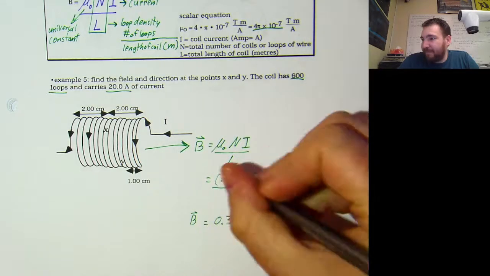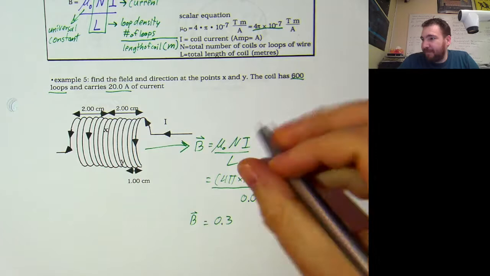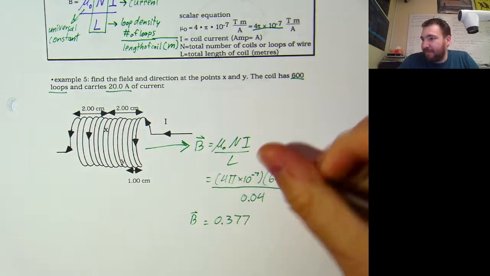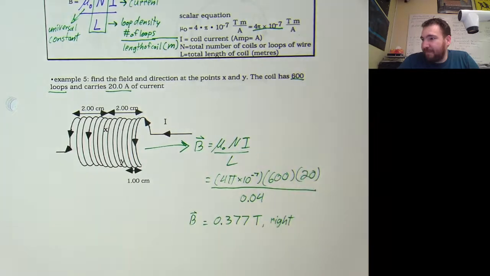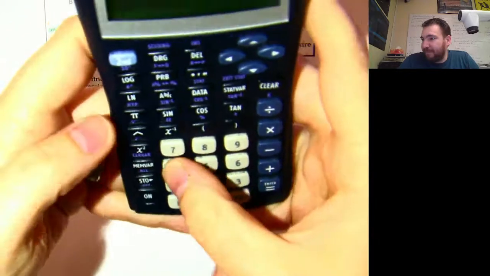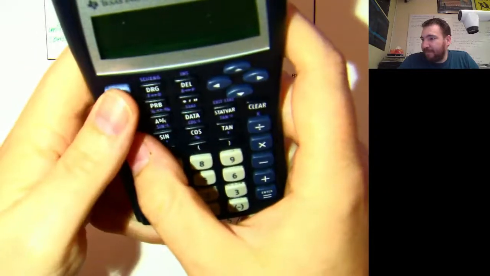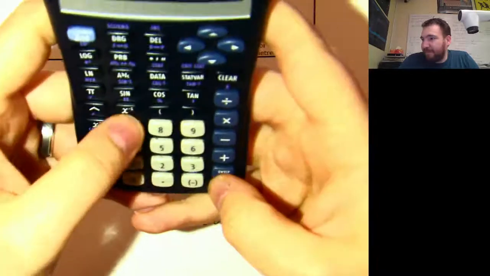I also got 0.376. Can anyone verify that they got the same thing as Zach? My calculator doesn't like 4 pi e7.